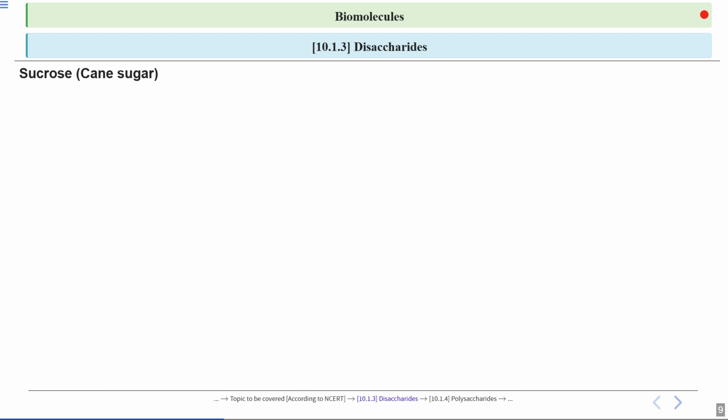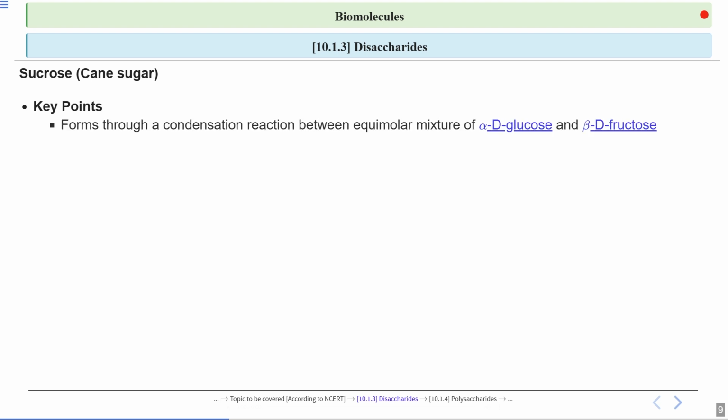First we are starting with sucrose, which is called cane sugar. So first let us look at the key points of sucrose. Now first of all, let us see how sucrose is formed. So sucrose is produced through a condensation reaction, which means two molecules join together and release a molecule of water.